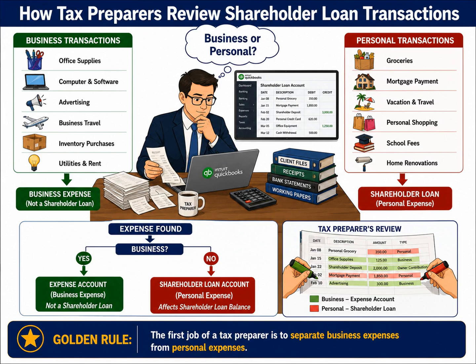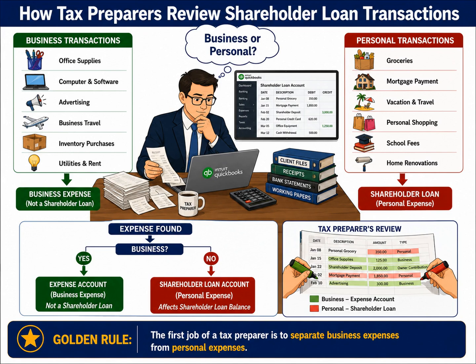Although these payments may have been made from the corporate bank account, they are personal in nature and must be accounted for correctly. This is why experienced tax preparers carefully examine receipts, bank statements, invoices, and supporting documents.